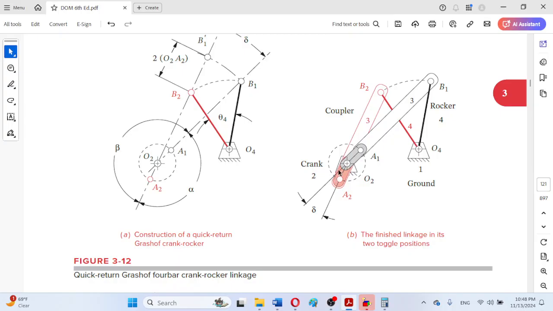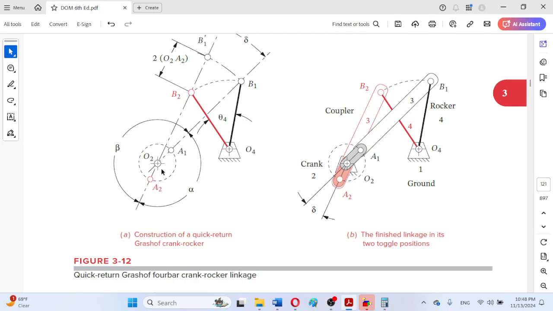So crank is actually underneath this A2 B2 link, which is actually the connecting rod, and this is the overlapped position, and this is the extended position where A1 B1 is actually the connecting rod.